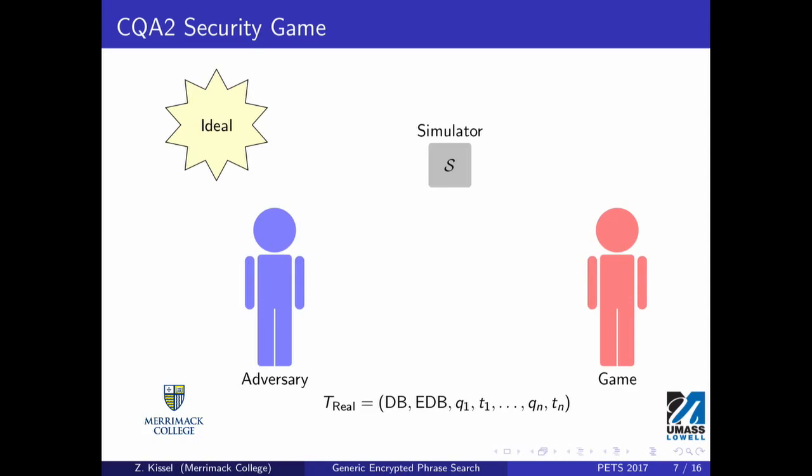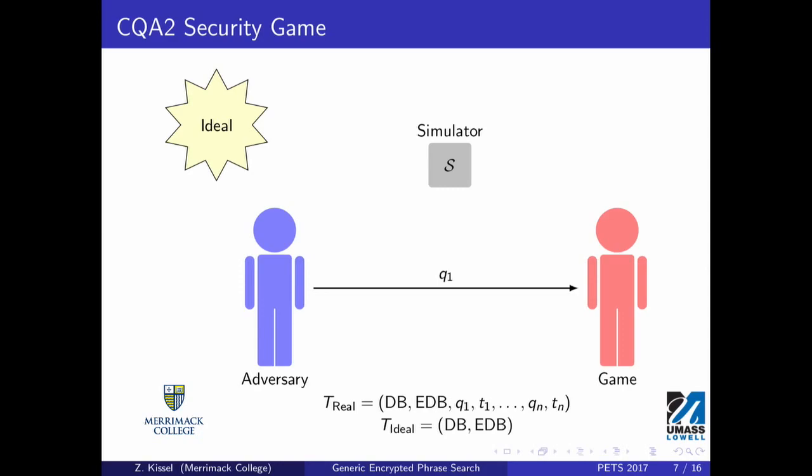Now, if we happen to be in the ideal world, we introduce a simulator. The adversary again gives the data collection to the game. The game, instead of performing any computation, forwards leakage to the simulator. The simulator then uses that leakage to produce an encrypted index, which it commits to, and that is forwarded to the adversary.